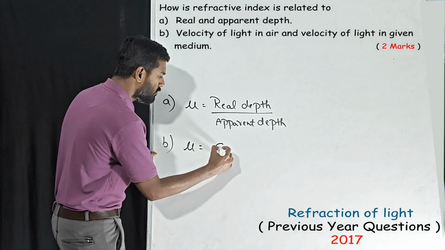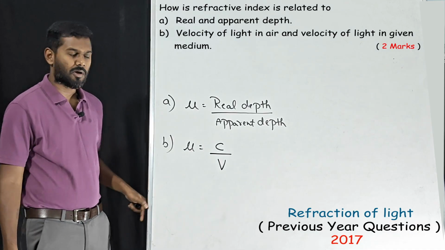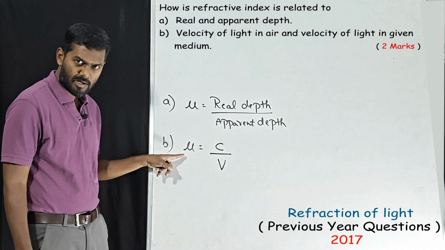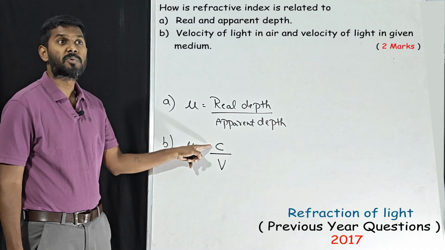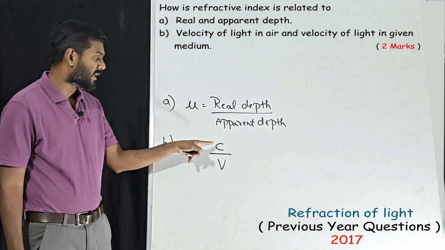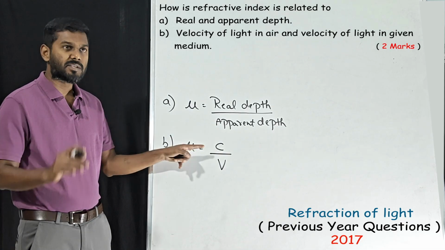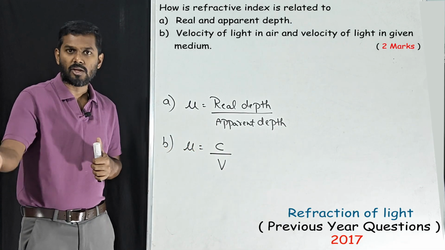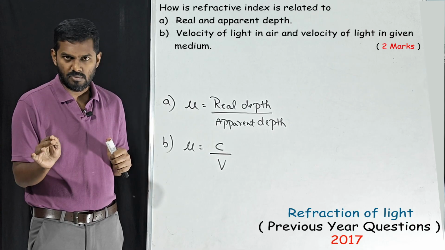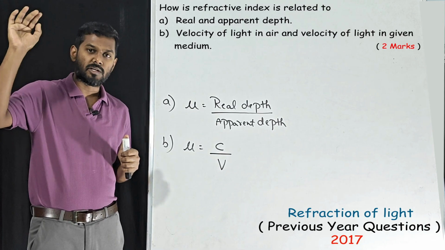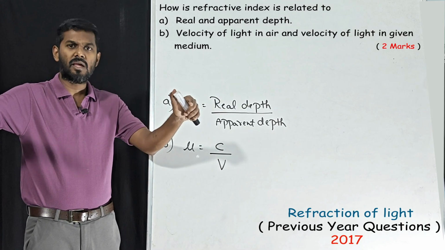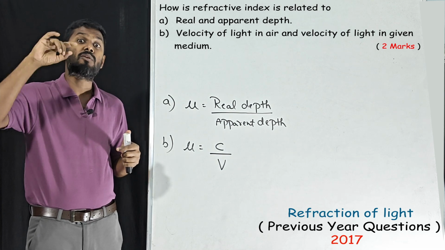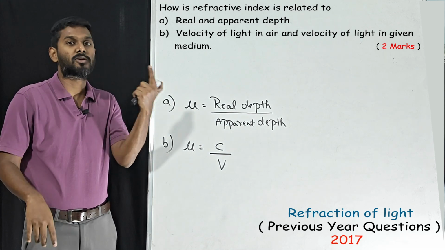So mu is equal to C by V. Okay, what is mu? Mu is nothing but refractive index. What is C? Speed of light, the velocity of light in air or vacuum. See, when it comes to air or vacuum, the speed of light is not the same. Keep this in mind. Actually, if you are talking practically, velocity of light in vacuum is maximum compared to air.